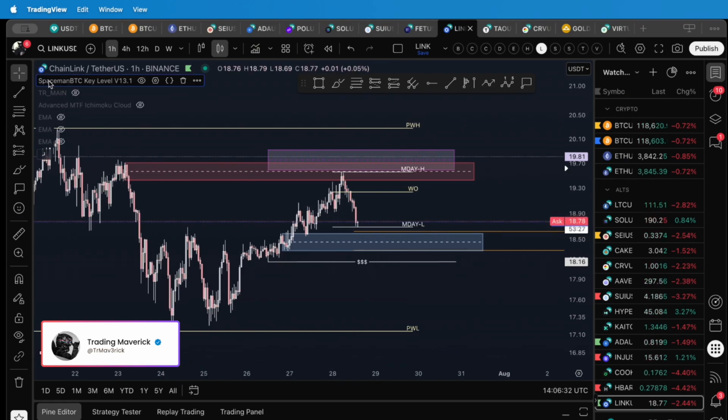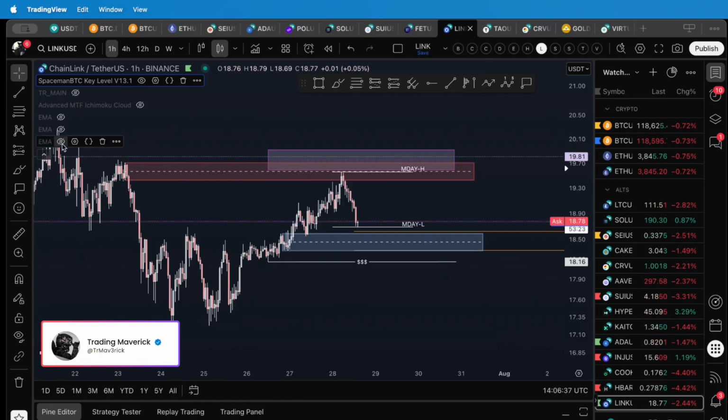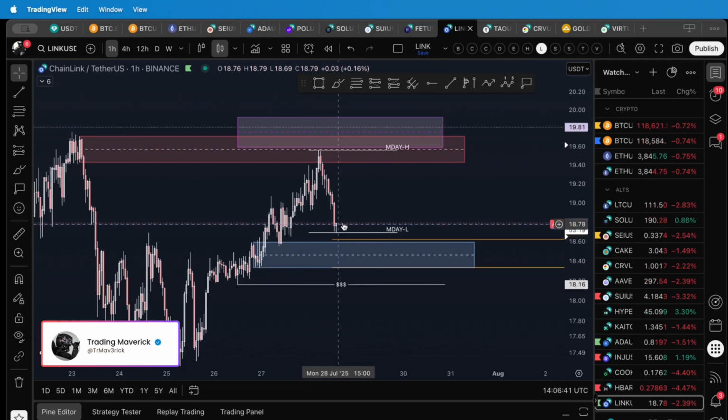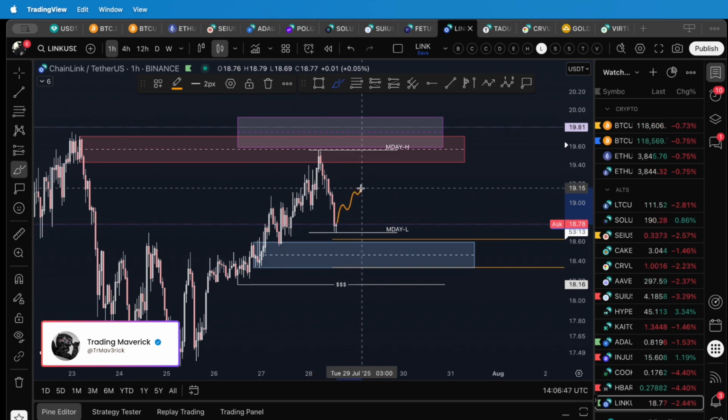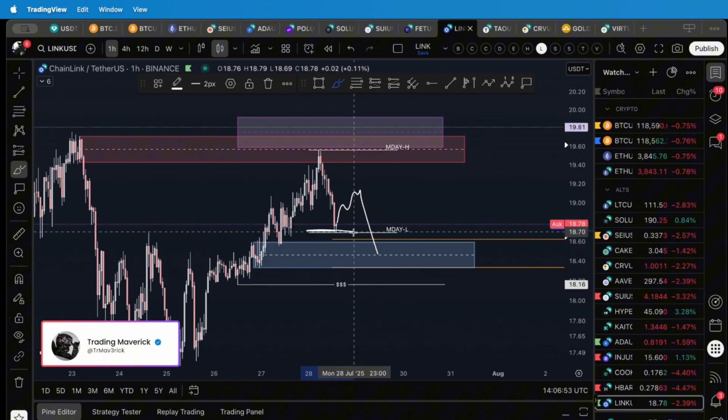So basically you can just wait till tomorrow, and let's say the Monday low is here, price will probably pump up, and maybe we get a flush tomorrow, right? And Monday low gets taken out.